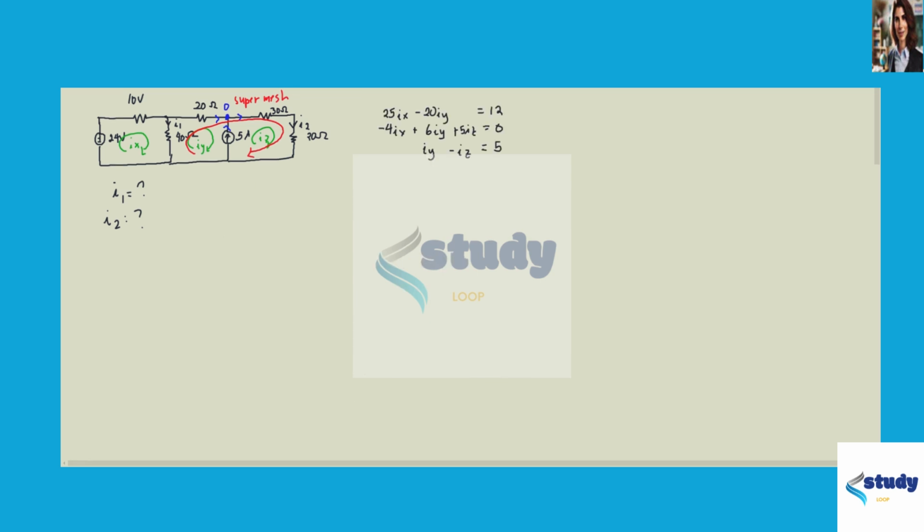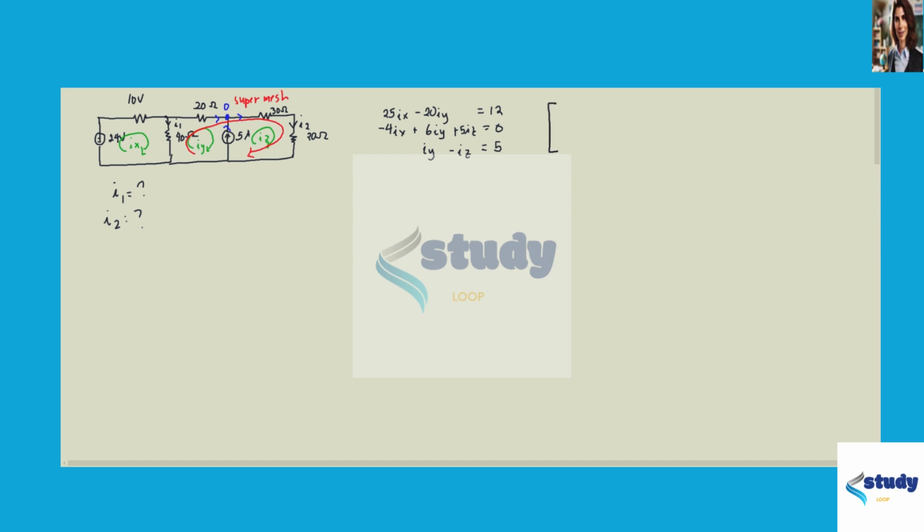Or you could say Iy plus 5 amperes is equal to Iz. Now, rewriting the equation, we get Iy plus 5 amperes minus Iz is equal to 0. This is our third equation needed to solve the system of equations. Rearranging the equations, we could use a matrix to solve for the unknown variables.